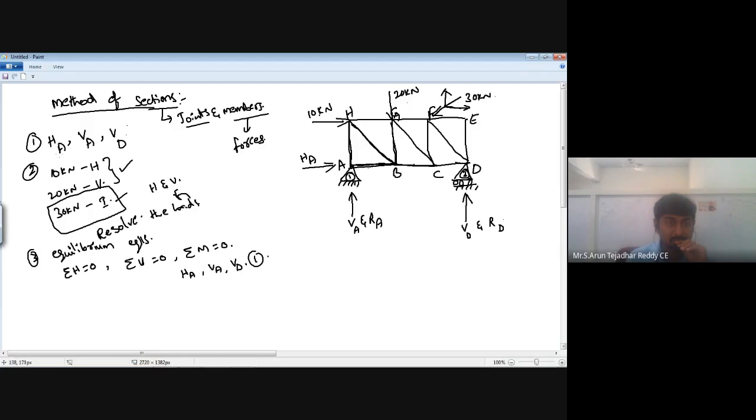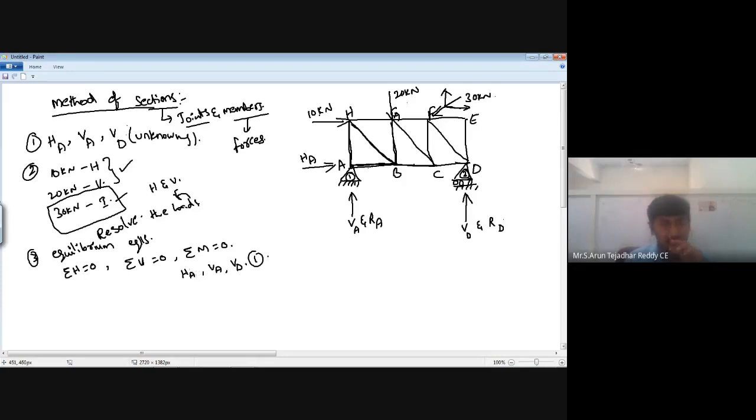It means the first point, HA, VA, VD. These three are unknowns here. We don't know the reaction values. So how to calculate these unknowns? By using the equilibrium equations, we can calculate whatever unknown reactions are there.